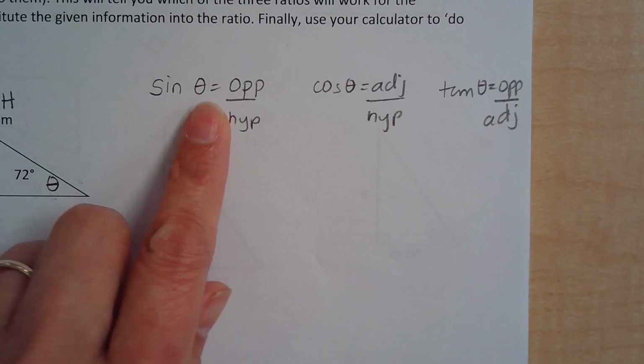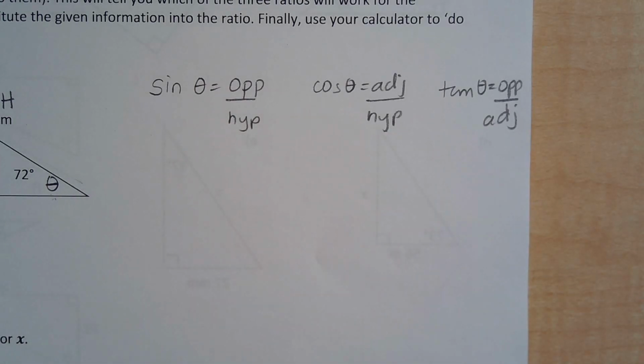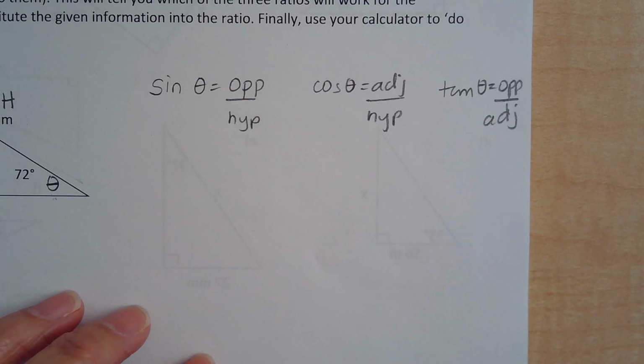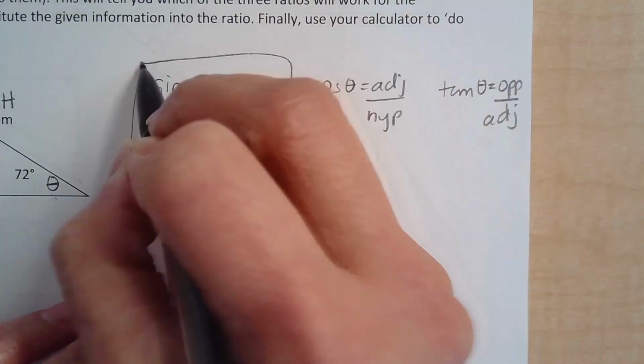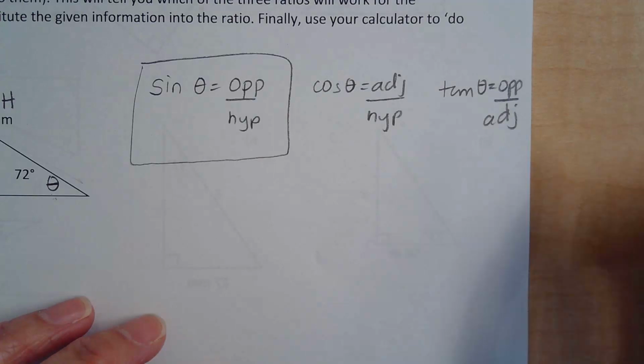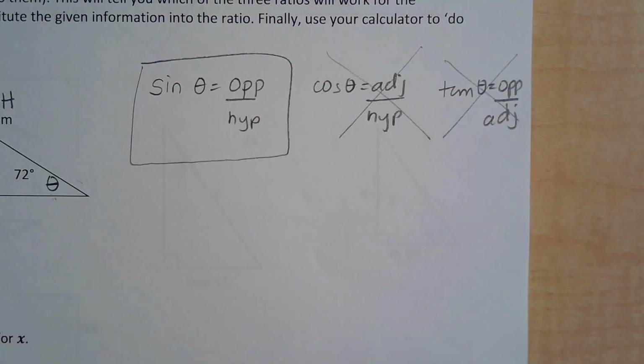Is it the sine, cosine, or tangent? Which one has opposite and hypotenuse in the same equation? Sine. It's in the sine. So we're going to pick this one, not this one, not this one.